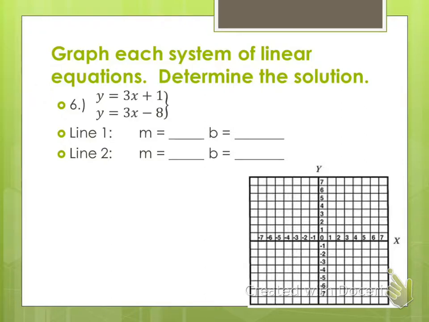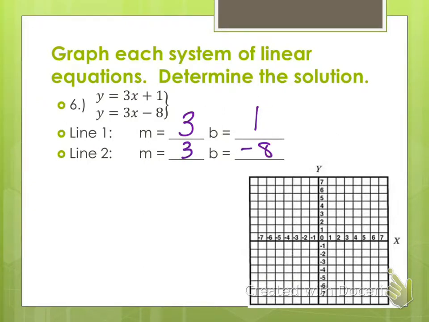Ellie? B is 1 and M is 3. Wonderful. What about line 2? Jakeem, why don't you help us out with line 2? Three and -8. Wonderful.